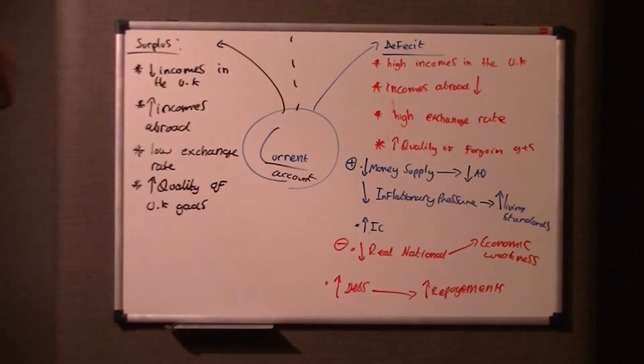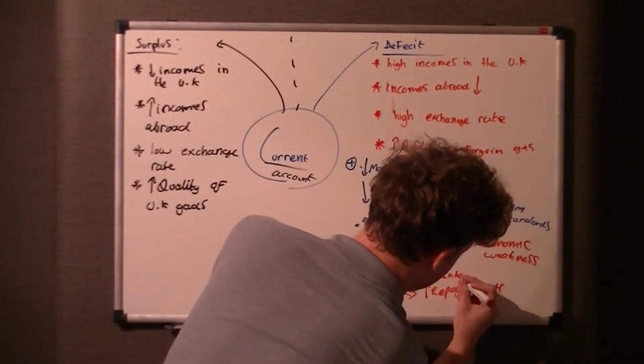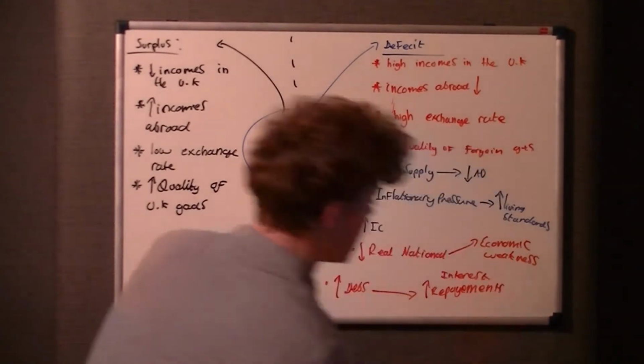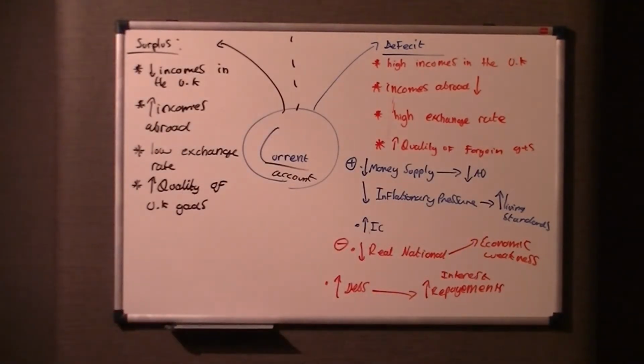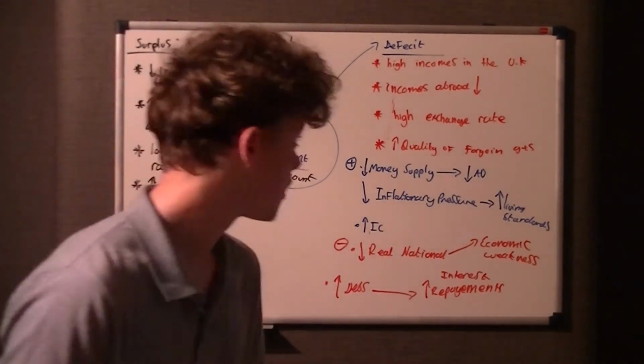I should make that clear. It's just any repayments, that's interest repayments. As the government borrows money, it has to pay back interest on it for borrowing that money. As the interest rates, the cost of borrowing money, the government's borrowing money to cover their debts, pay more money out to these other countries, and that's caused increased interest repayments, which you could say has led to an opportunity cost.